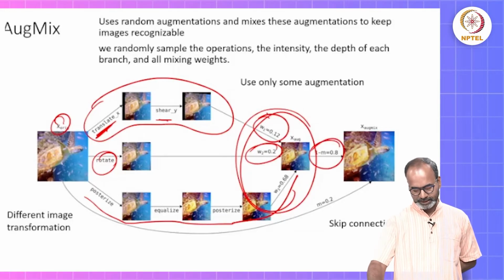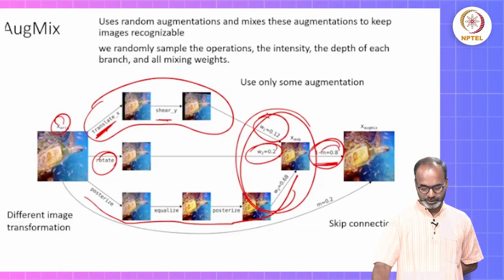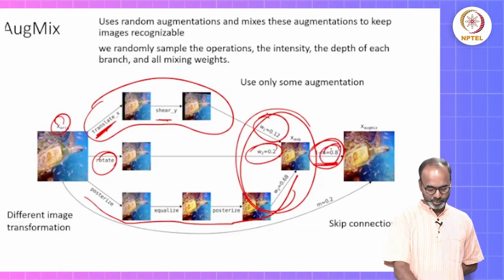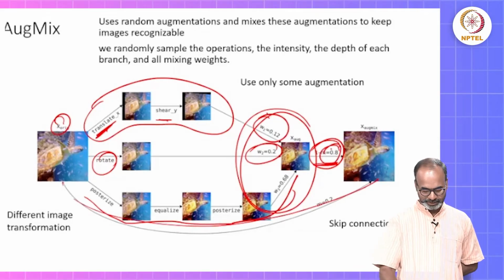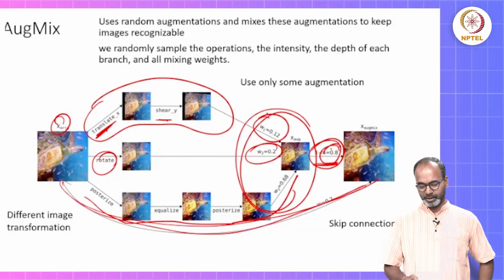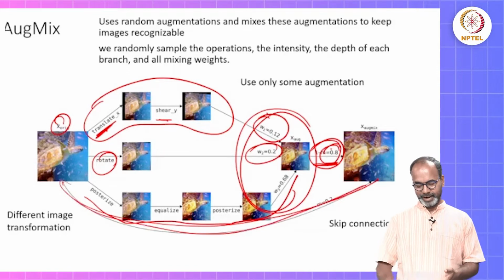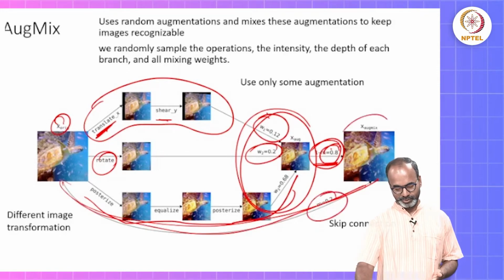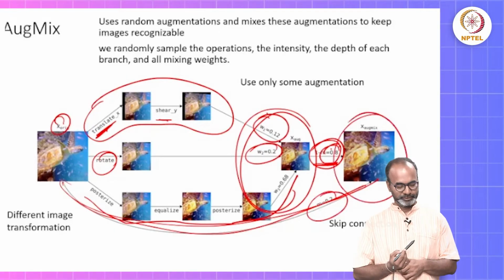So all of these augmentations are done, and the weightage for that output is 0.8. And then you also do a skip connection, which is, look, I don't want to do any of these augmentation methods. I will just directly use the original image also, and that is 0.2. So now you get the AugMix output.